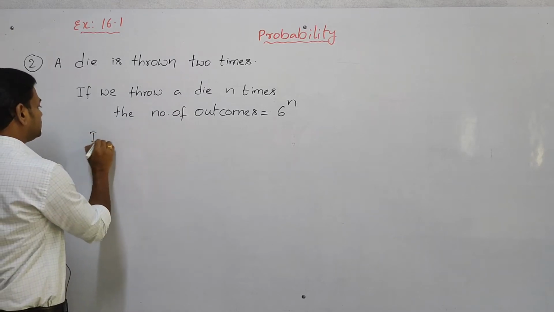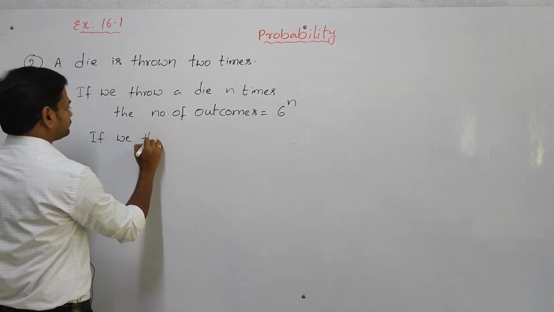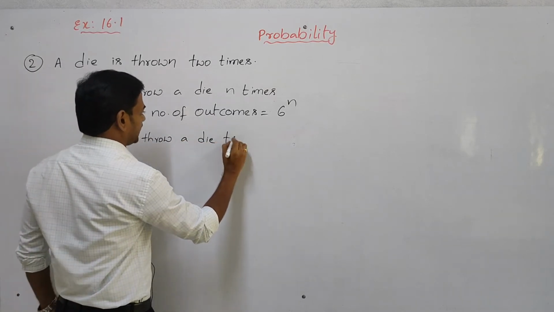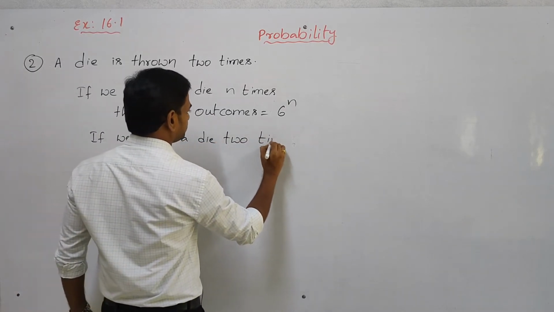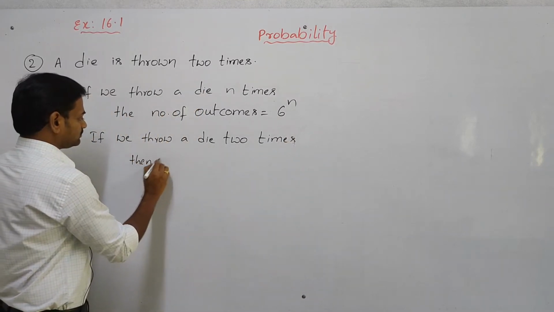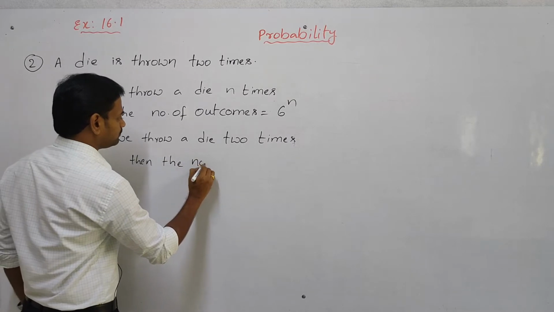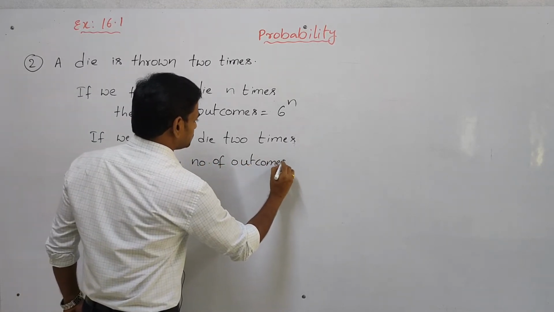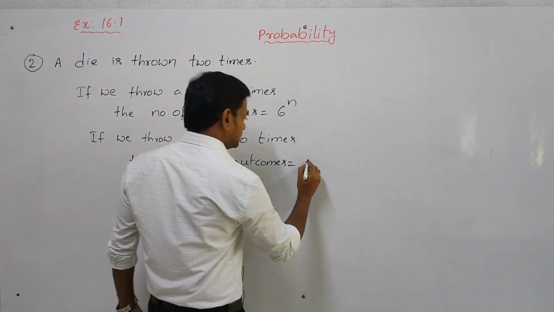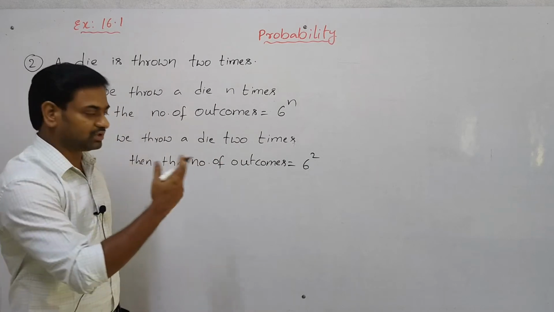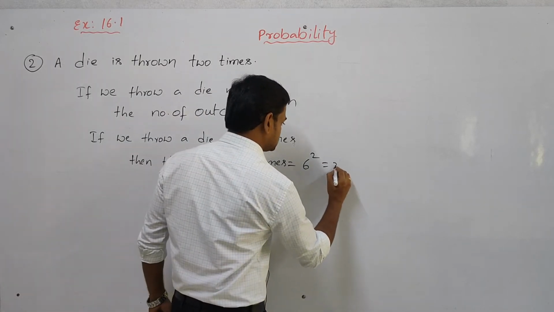So if we throw a die 2 times, the number of outcomes equals 6 power 2, that is 36.